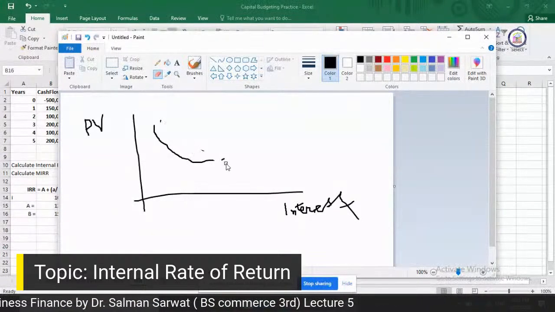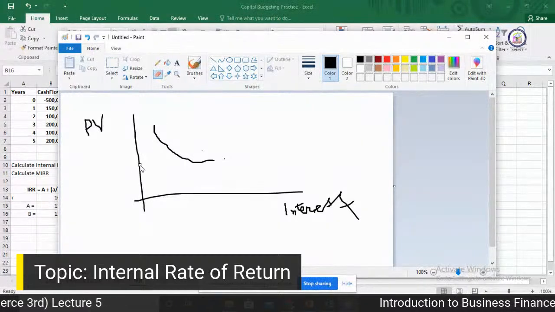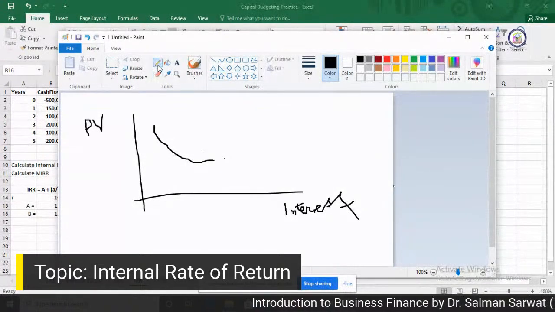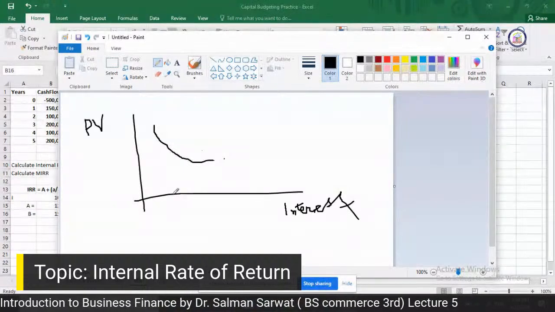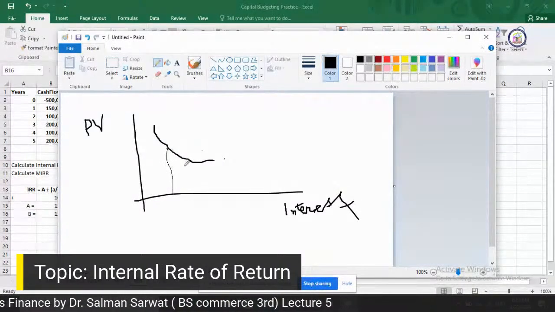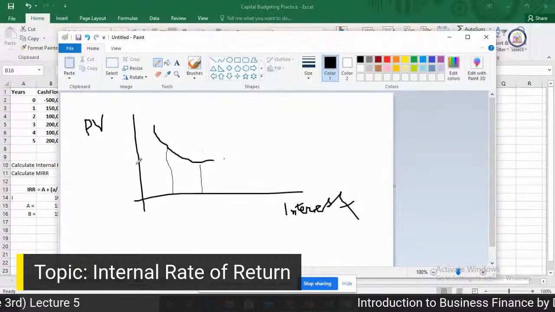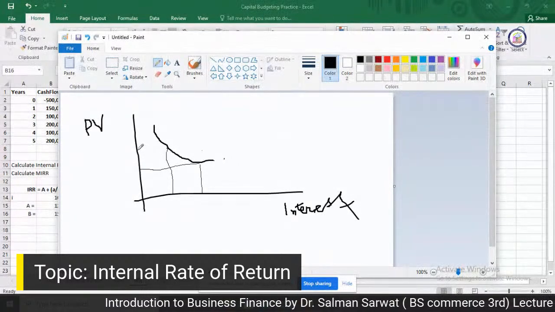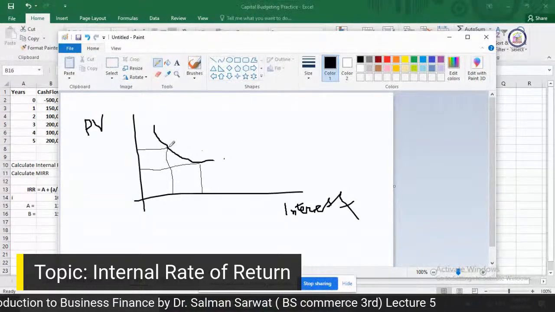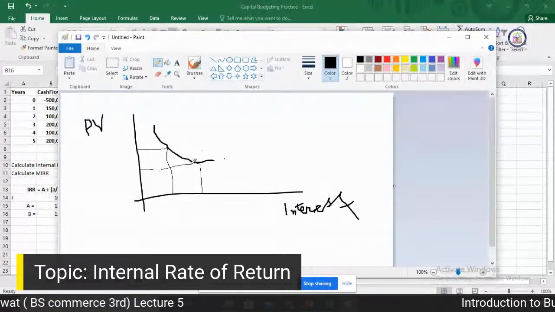A curve like this. So when we choose two rates which are far away from each other, this curvy nature will disturb our answer.